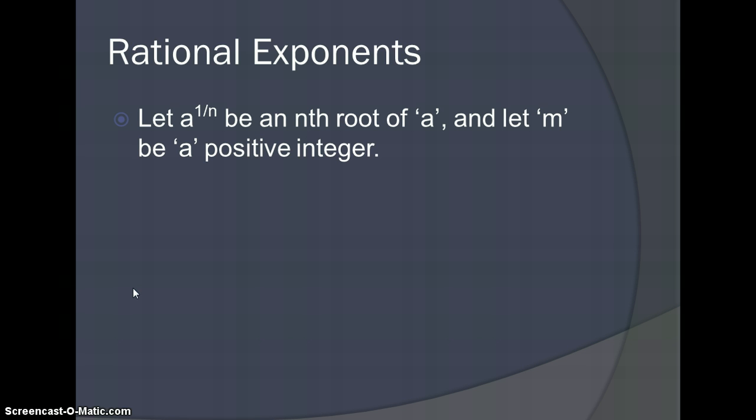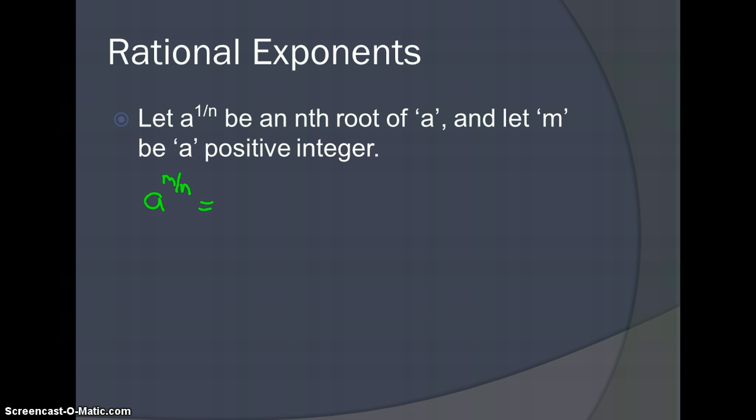So let's come back to that 1 over whatever as the exponent. Let's say that a to the 1 over n be an nth root of a, and let m be a positive integer. So if we take a look here, we have something like a to the m over n.